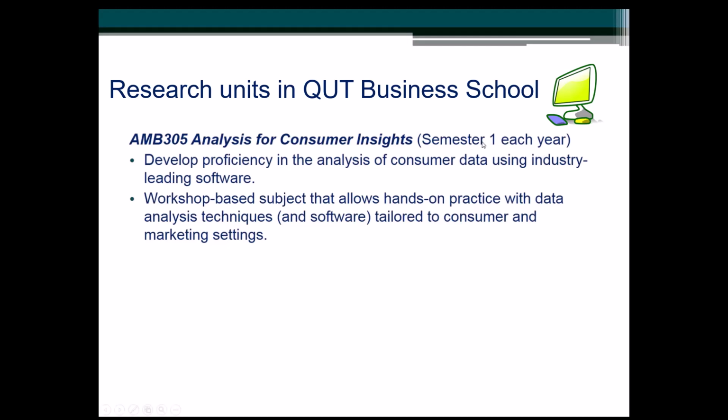This is a subject that runs in semester 1 of each year, and where we provide you with training in not only use of industry-leading software packages like SPSS, but also NVivo, which is a qualitative data analysis package, so that you can use computers to analyze your qualitative data rather than doing it by hand.